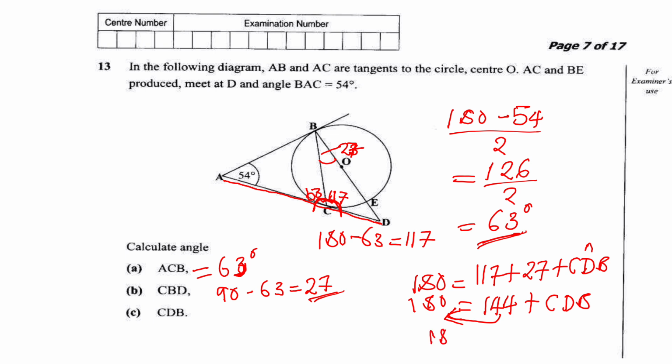So we have 180 minus 144 equal to CDB. We are getting 36. So CDB is equal to 36 degrees.